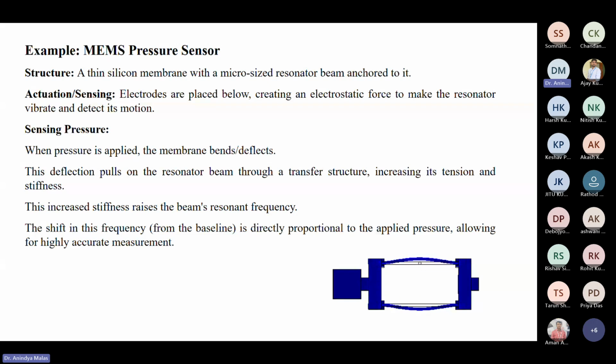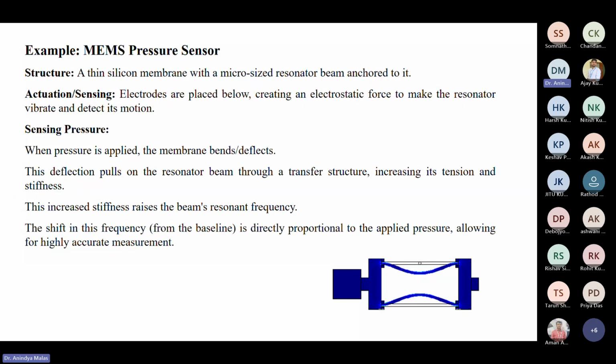When its natural frequency changes, that is sensed by the change in capacitance, and as a result, it will detect the pressure. So it is not only for pressure, it may also work for a displacement sensor or an acceleration sensor, like that. So that is the technique for the MEMS resonator.